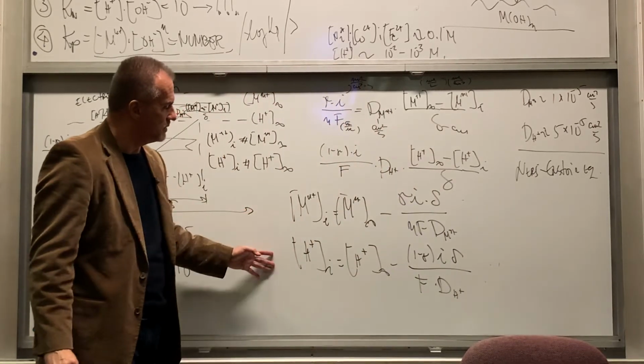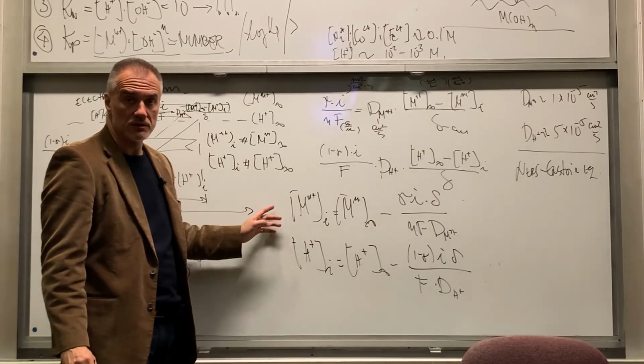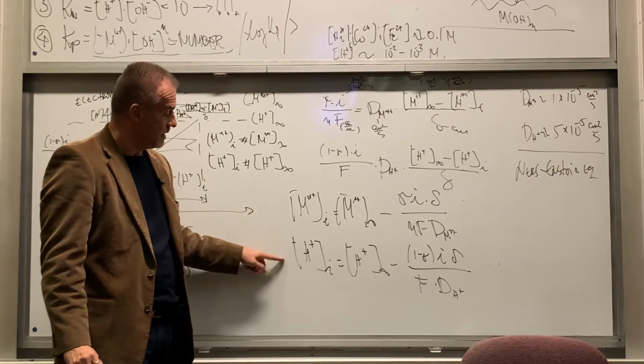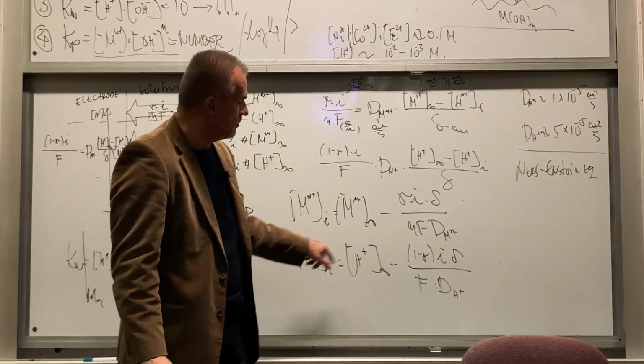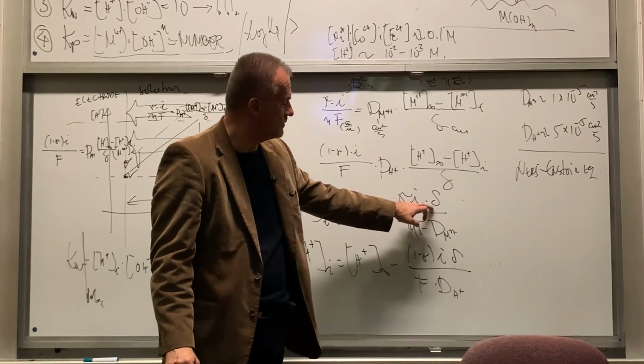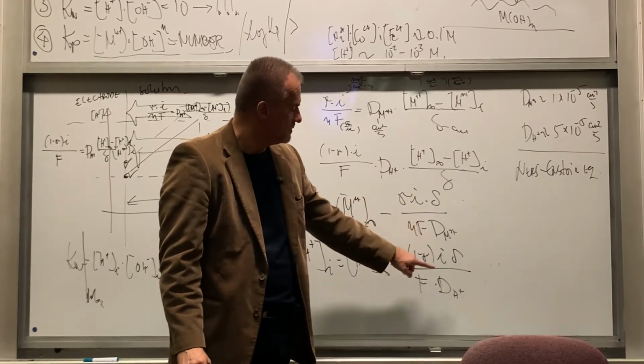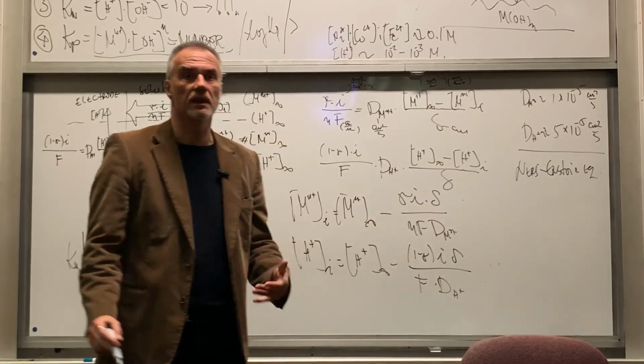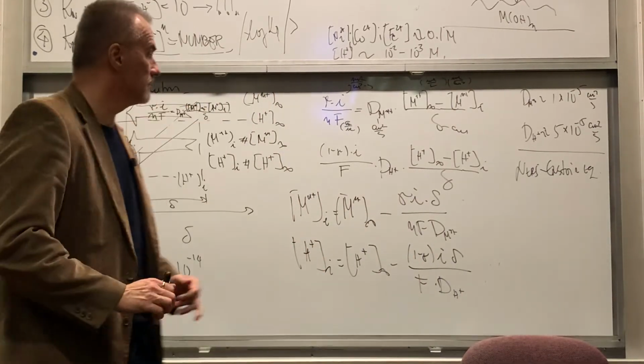So we can actually calculate these interfacial concentrations of metal ions and hydrogen by knowing the current efficiency, current density, diffusion layer thickness, and diffusivity of hydrogen and metal ions in this solution.